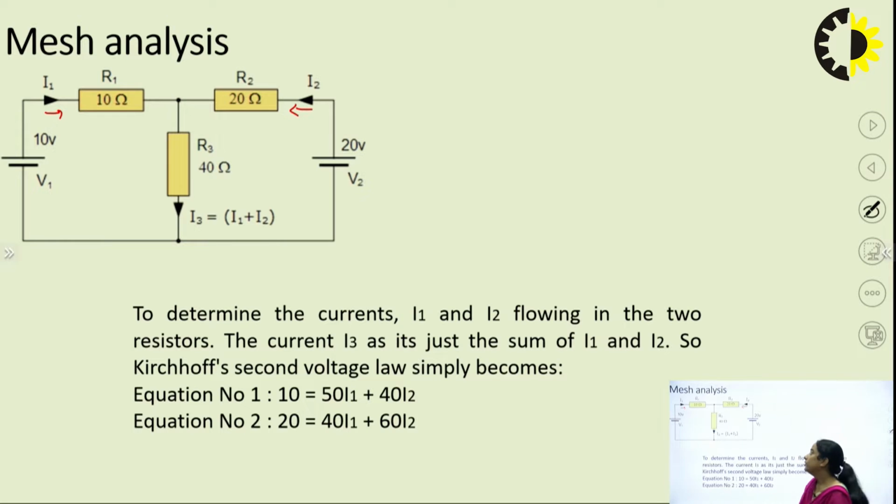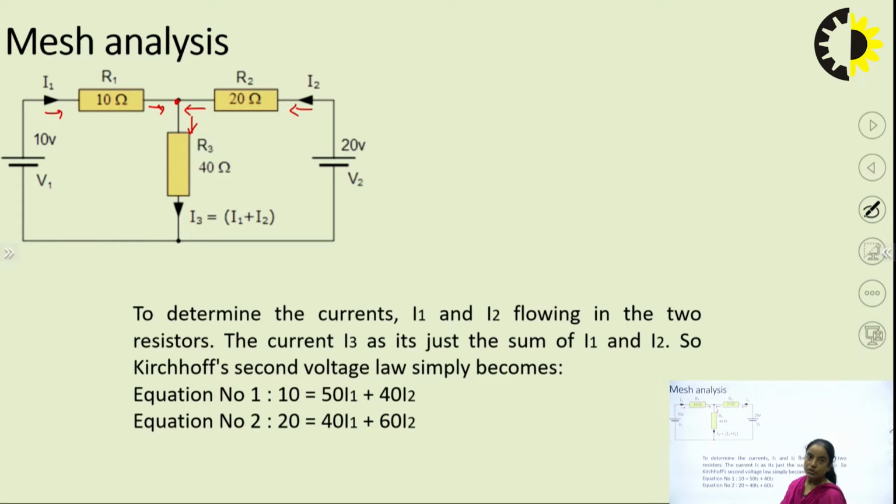Now by simple observation at this node, current I1 is incoming, current I2 is also incoming. So both currents I1 and I2 will go through this R3. So current through R3 is I1 plus I2.